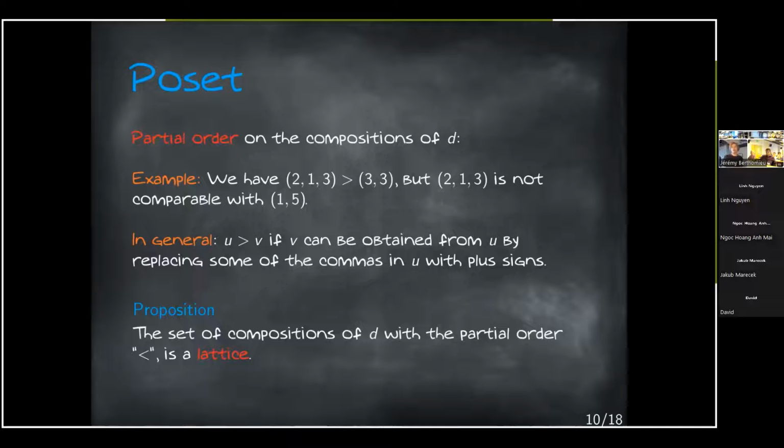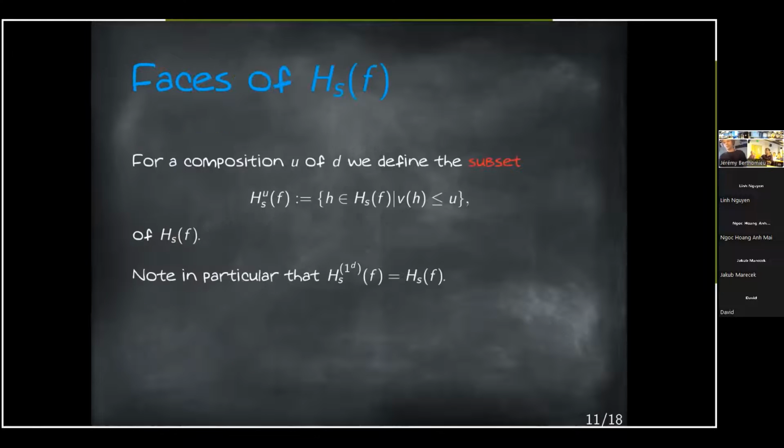So now we are in a position to construct bases. We'll define them as subsets of HSF: for a composition U, we take all the polynomials in our set which have a corresponding composition less than or equal to U. So we're just closing it down, essentially.